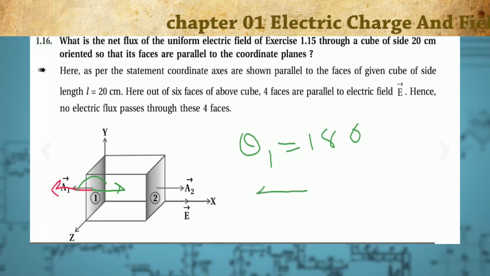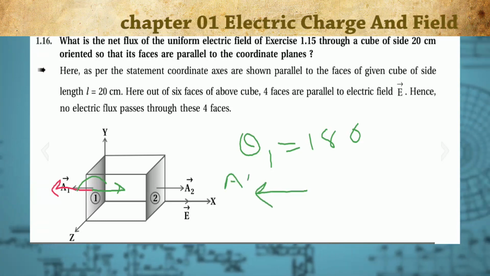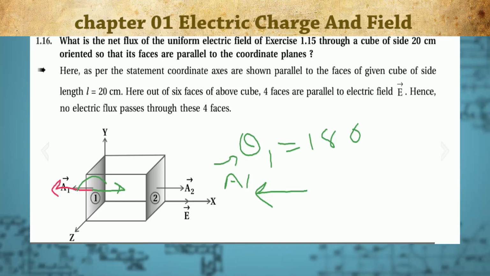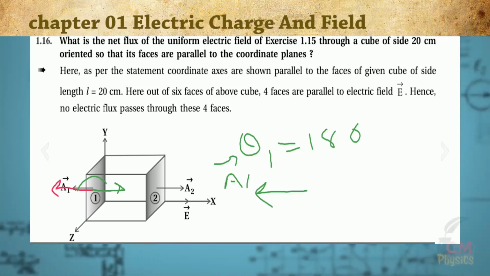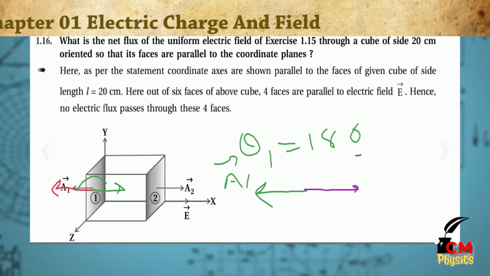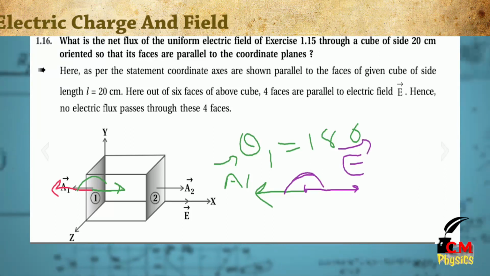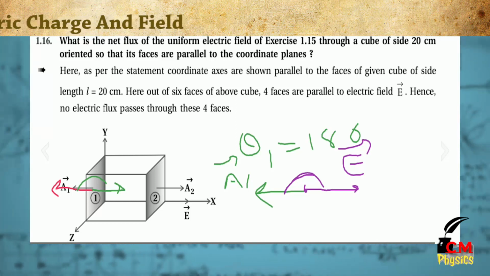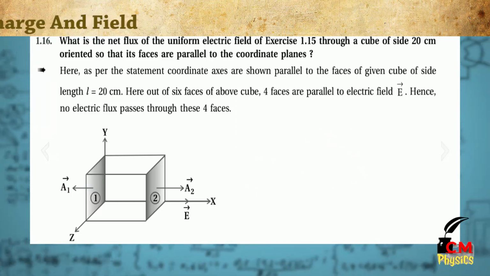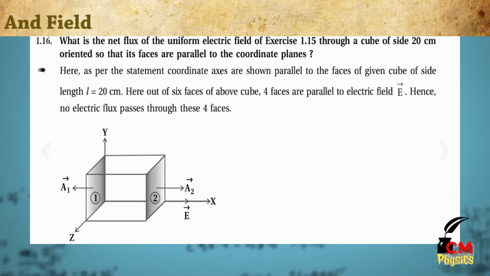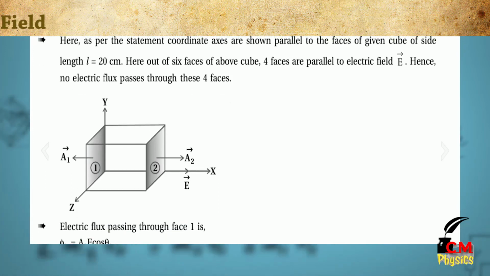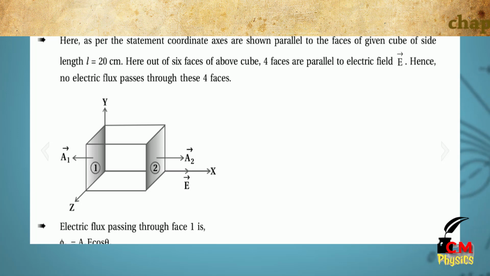Because the area vector A1 is in this direction, and the electric field is along the x-axis, therefore the angle is 180. Consider the second face: E vector and A vector are parallel to each other.